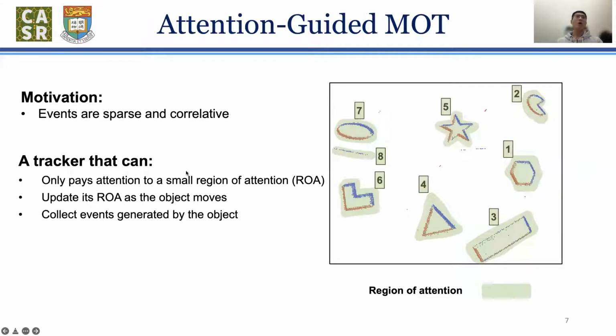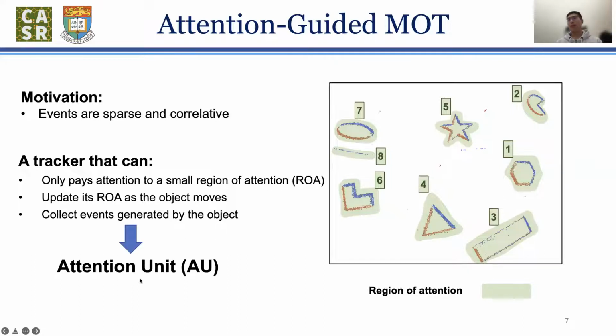So we want a checker to only pay attention to small regions of attention. We call them ROA. And we also want our checker to update its region of attention as the object moves, and also collect the events generated by the objects.